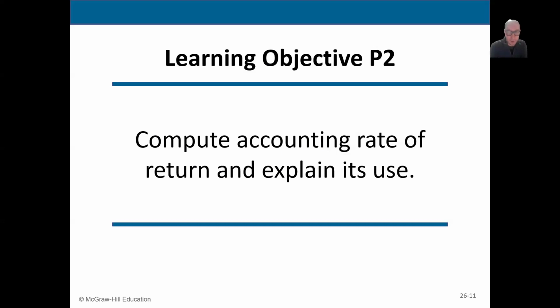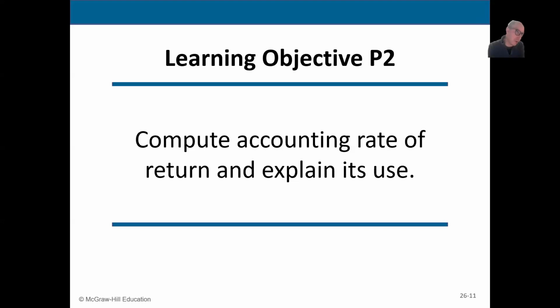Now I want to talk to you about what we call the accounting rate of return. The idea behind it is that it tells us what the business would like to see for rate of return.